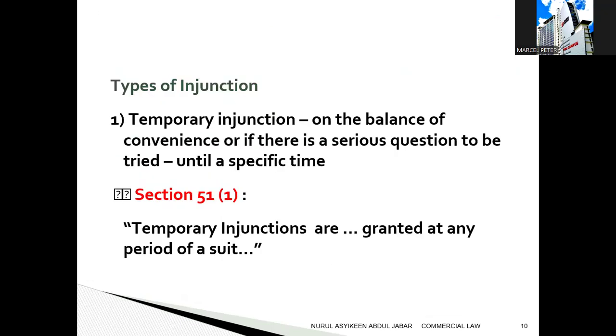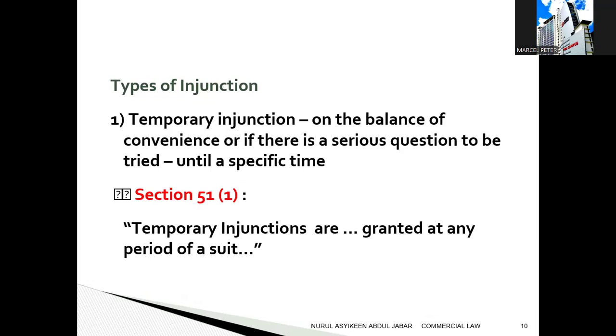So, let's learn about the types of injunction in contract law. Again, an injunction is a court order that stops a party from doing something that is against the contract. There are two types of injunction. The first one is the temporary injunction.